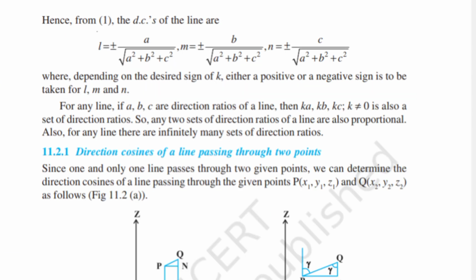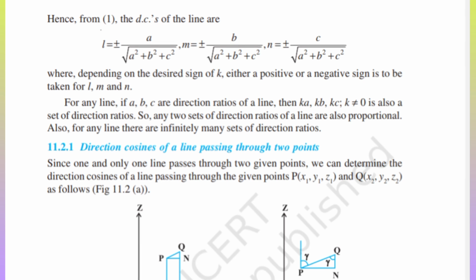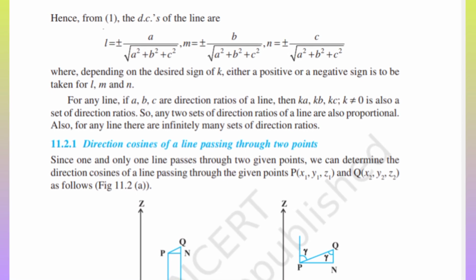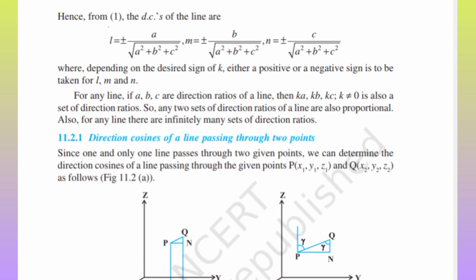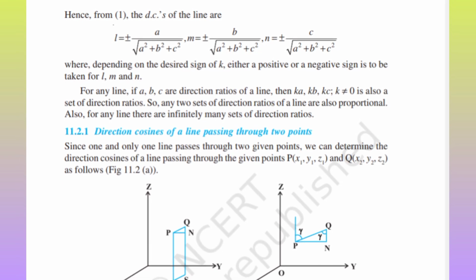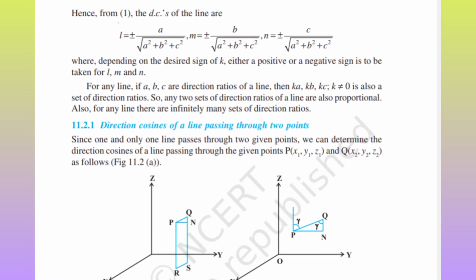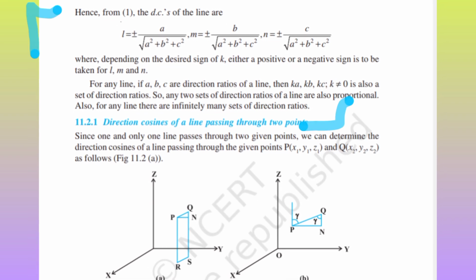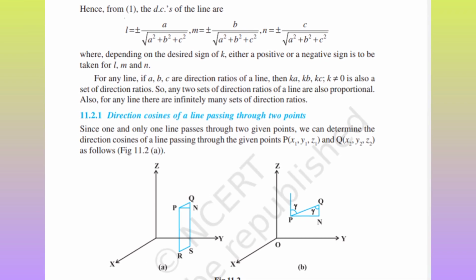Here from equation 1, the direction cosines of the line are l is equal to plus minus a upon under root a square plus b square plus c square, m is equal to plus minus b upon under root a square plus b square plus c square, n is equal to plus minus c upon under root a square plus b square plus c square, where depending on the desired sign of k, either a positive or a negative sign is to be taken for l, m and n.